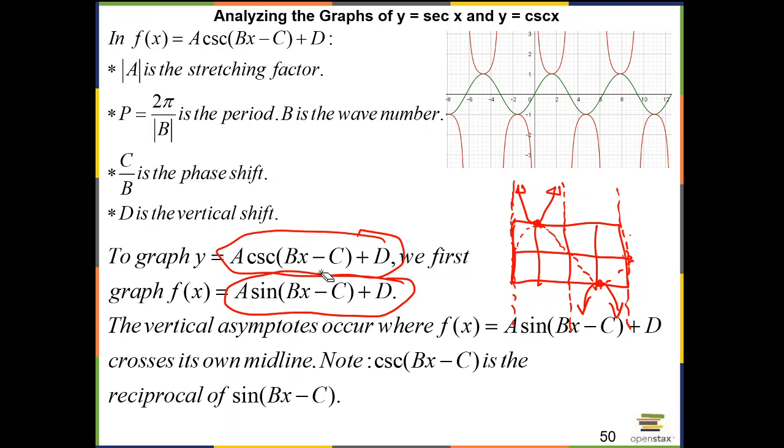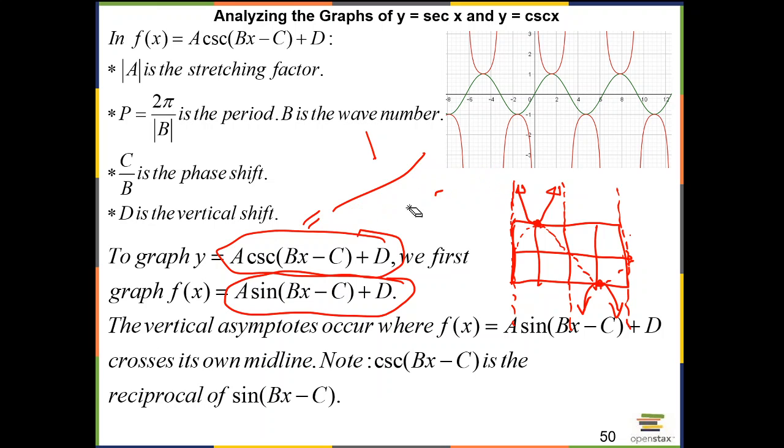That's not true. It's not that this whole function is a reciprocal of this whole function. So this is not equal to 1 over a sine bx minus c plus d. That's not true. Okay?